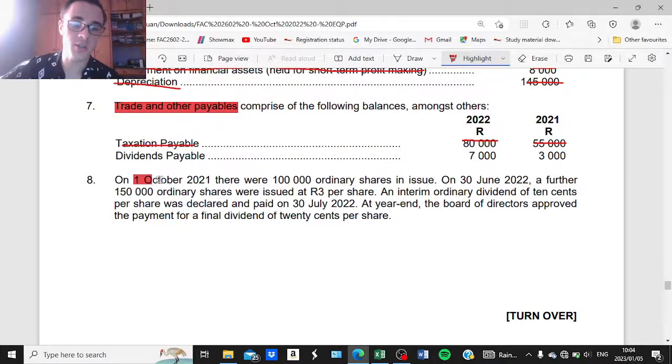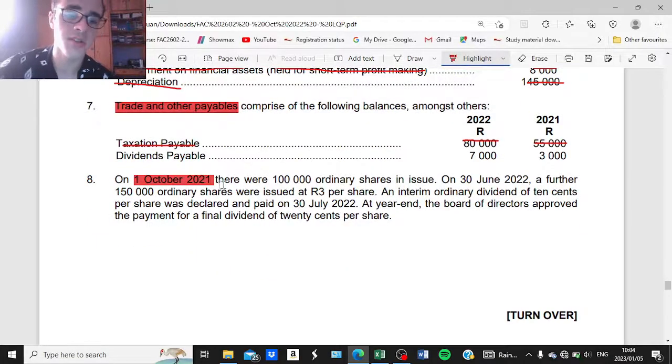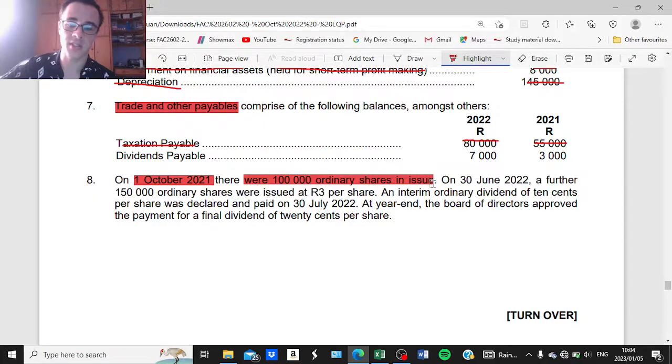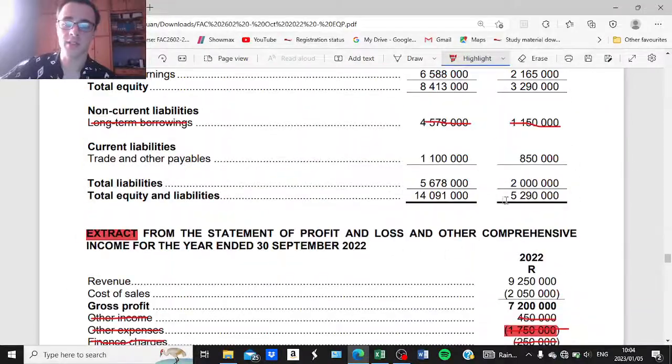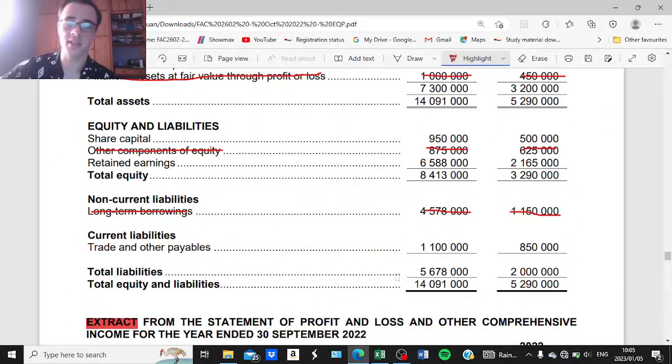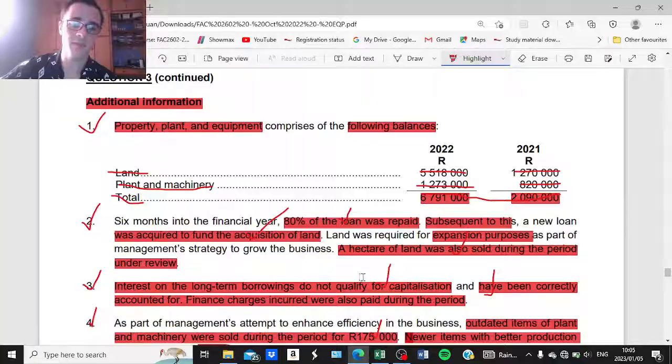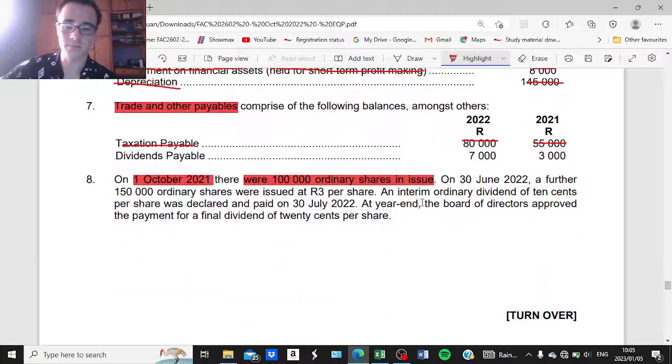Now, on the 1st of October 2021, so at the beginning of the year, there were 100,000 ordinary shares in issue. So share capital at the beginning of the year consisted of 100,000 ordinary shares, valuing 500,000 Rand.